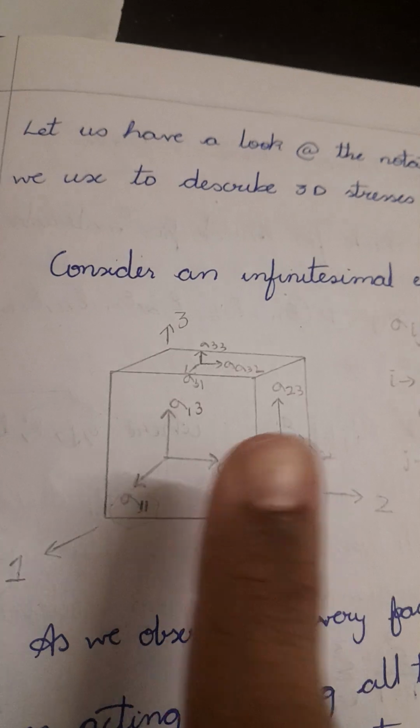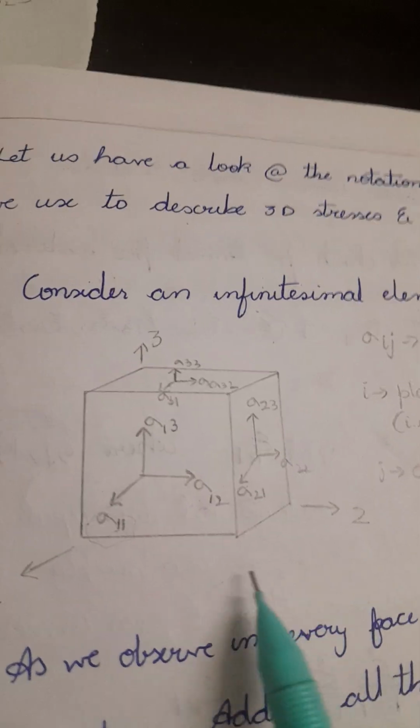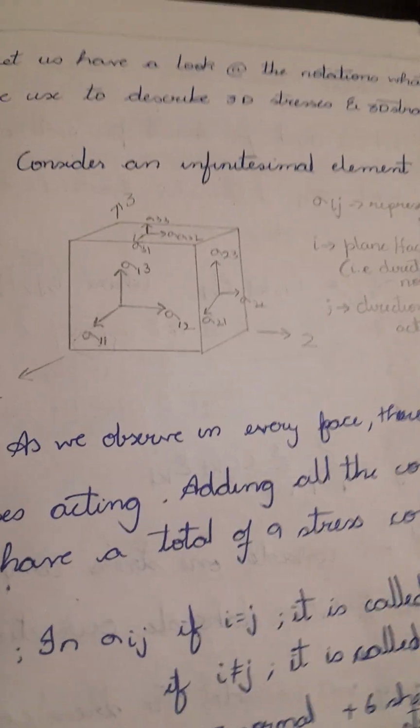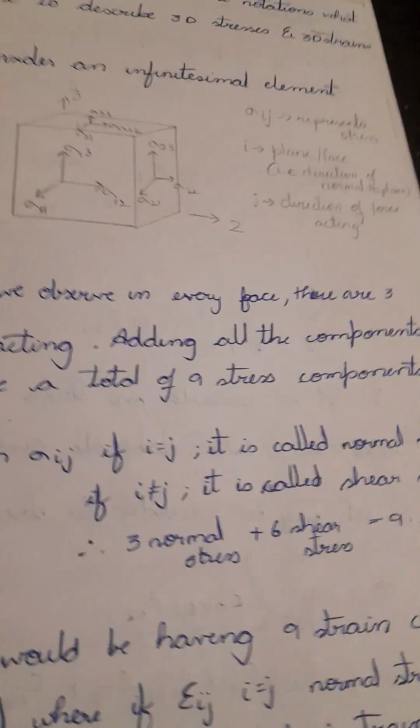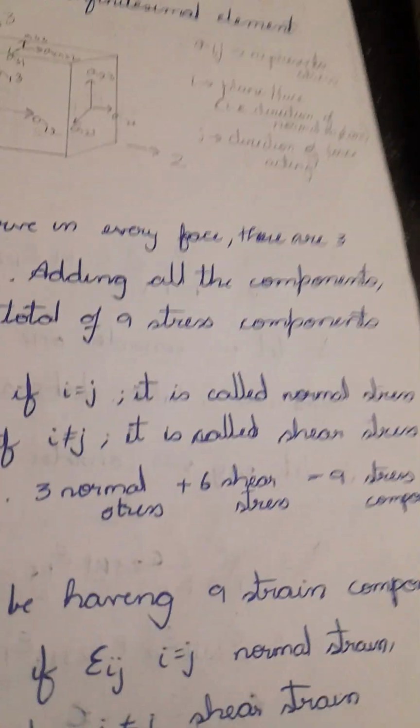But 13, 23 and 33 are protruding out of the surface in this way. So we can say that 11, 22 and 33 are the normal stresses, and the rest are the shear stresses. So we have a total of 3 normal stresses and 6 shear stresses, giving us a total of 9 stress components, right?